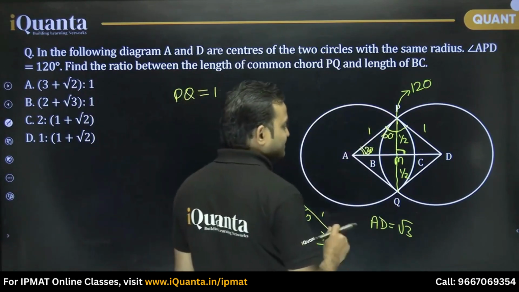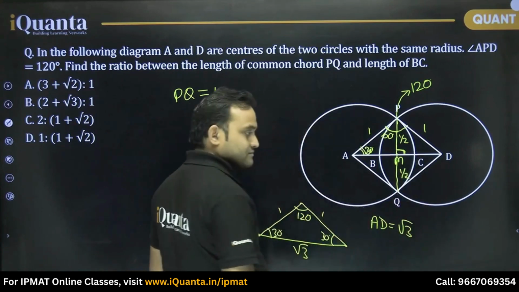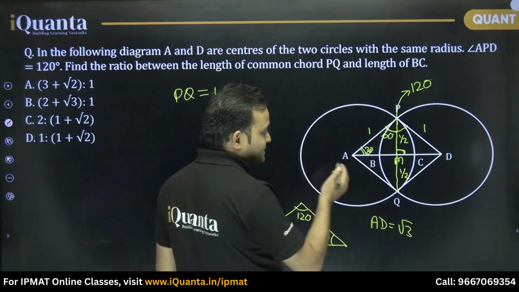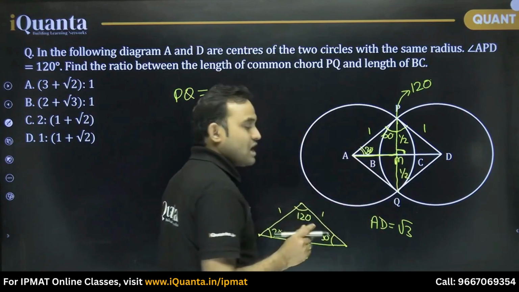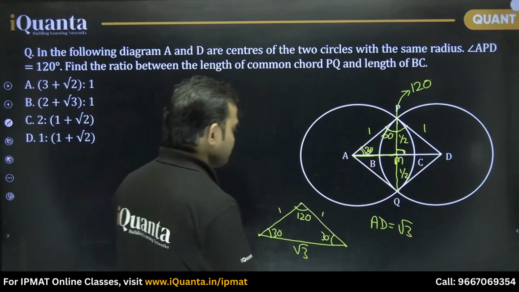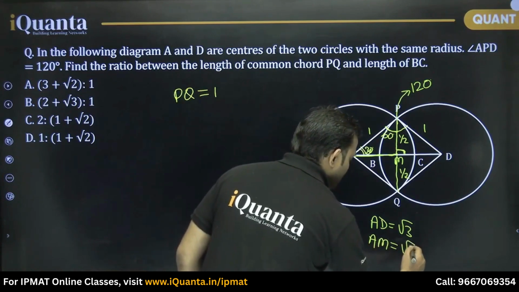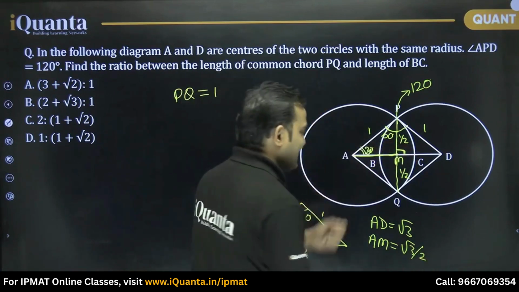Now again, as we can say that AD is root 3, can we say AM? AM will be equal to half of it, meaning root 3 by 2. So AM will be equal to root 3 by 2. Now what can we say about AC? AC is the radius.